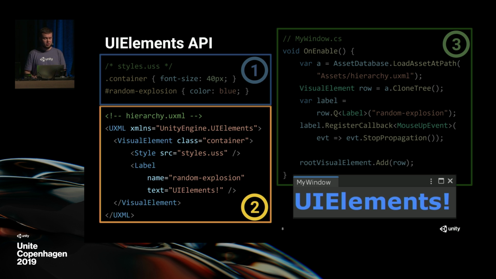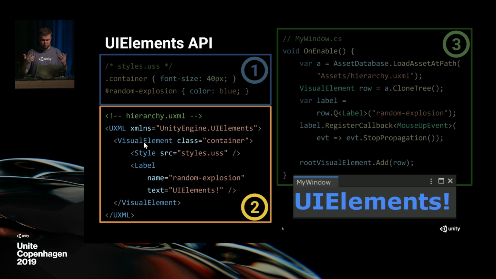Next part, we have the XML. So this is the definition for your hierarchy of elements. This is also a separate asset. So it's XML-based. Each tag, except for the root one, is an element. So you're creating these elements, and you're nesting them together as a parent-child relationship. So the first element I create here is a visual element. This happens to also be the base class for all the elements in UIElements.